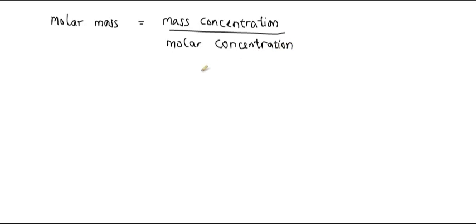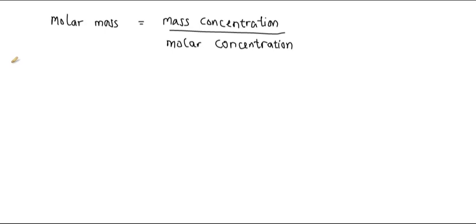So we've gotten the molar concentration of potassium carbonate from what we did earlier. The mass concentration is unknown, and that's what we'll be calculating. And for the molar mass, we'll be calculating that now before we proceed using this formula.